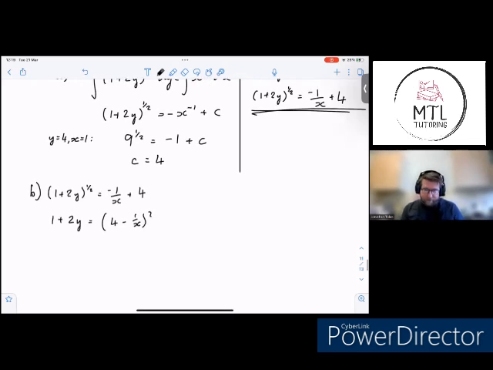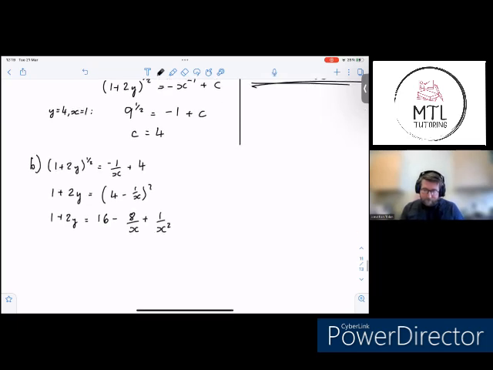Okay, so now we just need to multiply out that right-hand side and make y the subject. So subtract 1 from both sides and divide by 2.